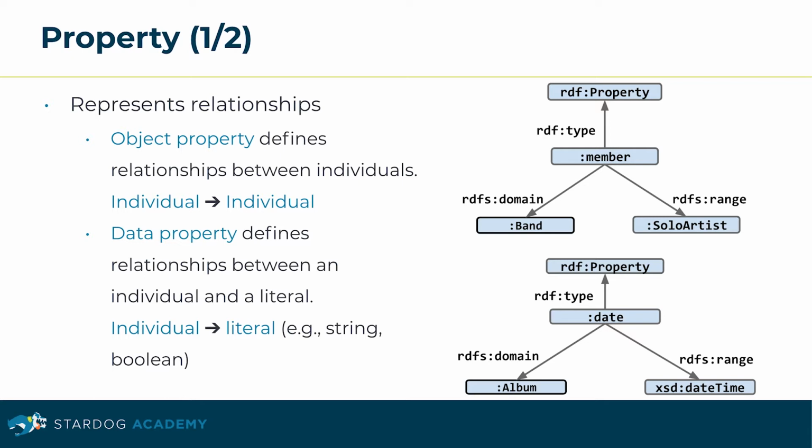In this case, this is an object property, and it defines the relationships between an individual of a band and an individual of a solo artist. On the other hand, the property date is an RDF property of type Datatype, and it basically defines the relationships between an individual belonging to class album and the literal, which in this case is an XSD dateTime.